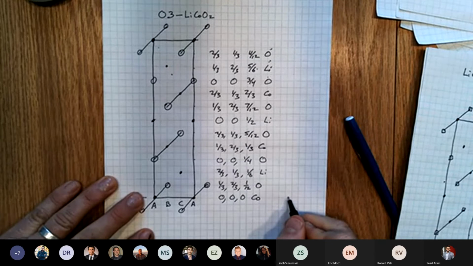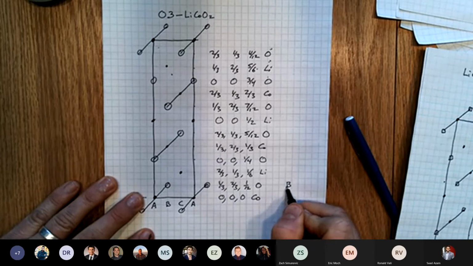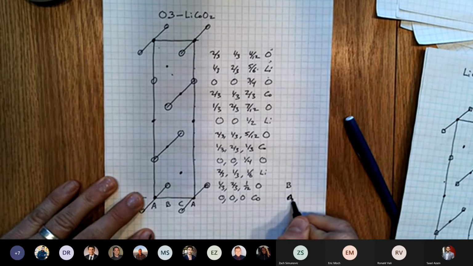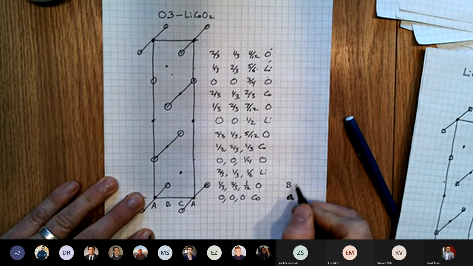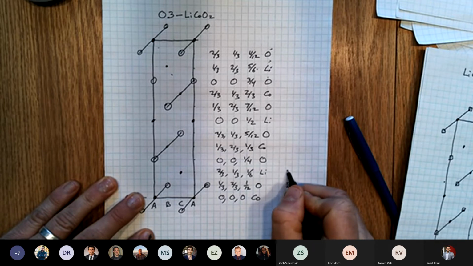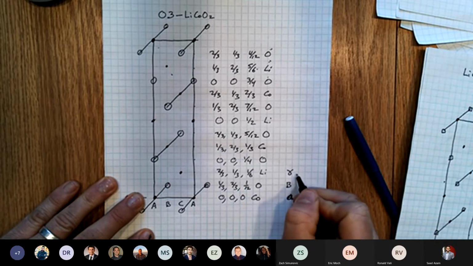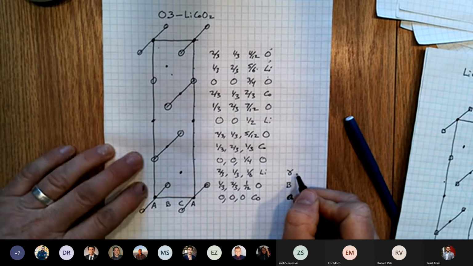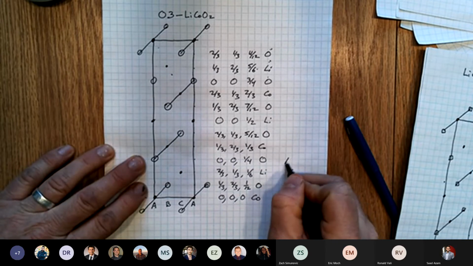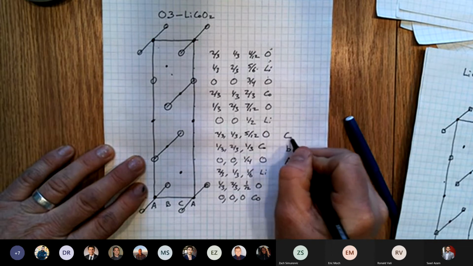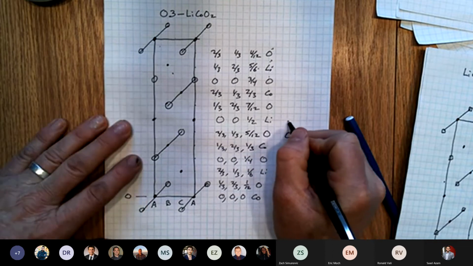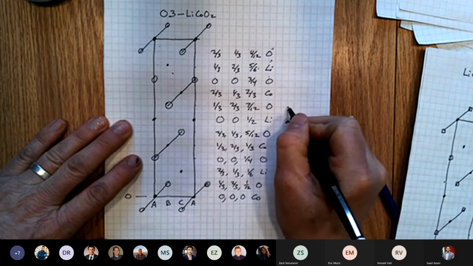So the way this is stacked is, cobalt should be a small letter. We always make our transition metal small. A, B, C, for lithium is gamma. Always lithium is a Greek letter. Then the oxygen is A, cobalt B, oxygen C. Lithium is on the A site, that's alpha.